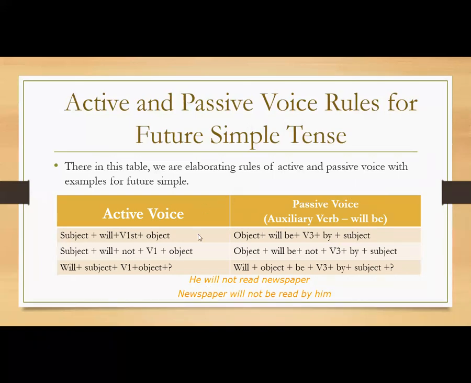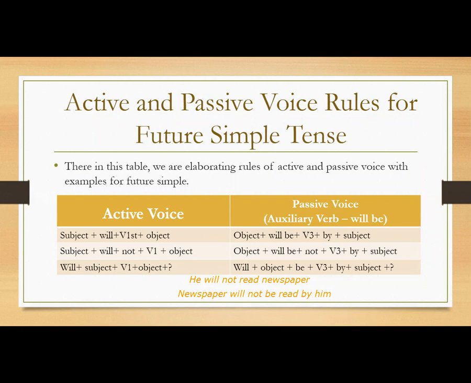Moving towards next, before moving towards present continuous tense, let me clear one confusion here: only selective tenses are being changed from active to passive. For example, there are only 8 tenses that are changed from active to passive, while the remaining 4 tenses are skipped.